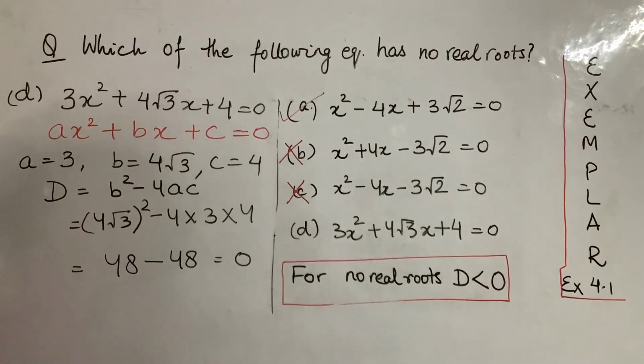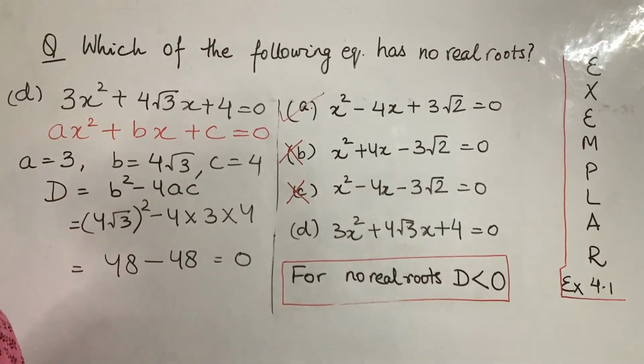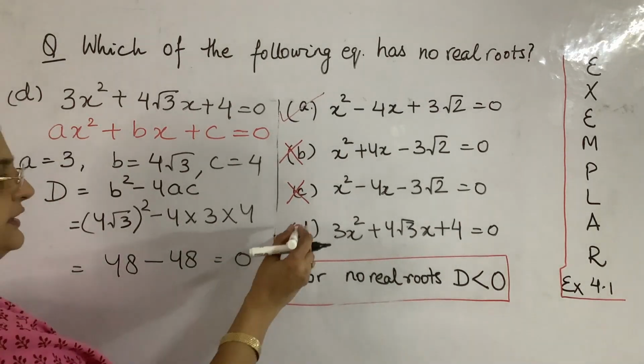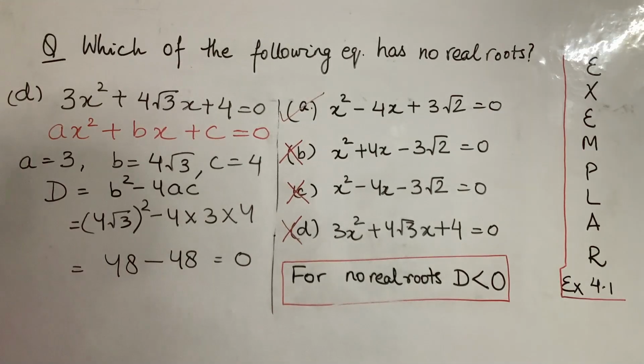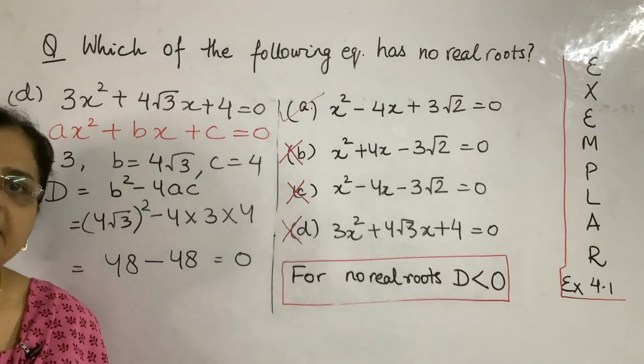This is equal to 0. हमें क्या कंडीशन चाहिए थी? We wanted d less than 0, but over here d came out to be 0. That means even this equation has no real roots. So according to this question, only the A part equation has no real roots. So the answer in the multiple choice question will be A.